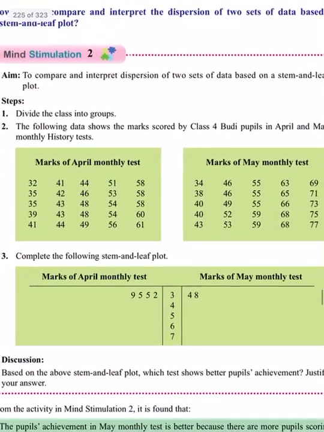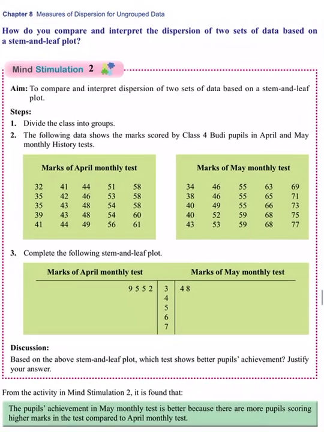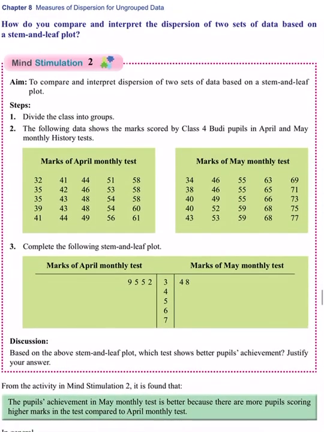Here in activity 2, to compare and interpret, we have marks of the April monthly test and marks for the May monthly test. What you need to do first is to complete the stem and leaf plot.